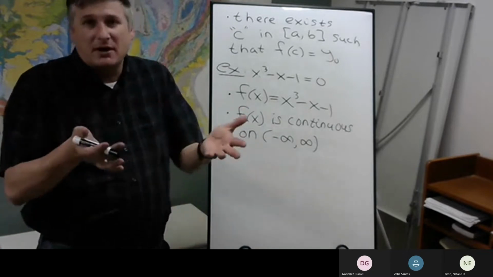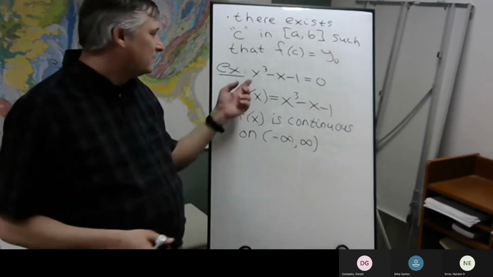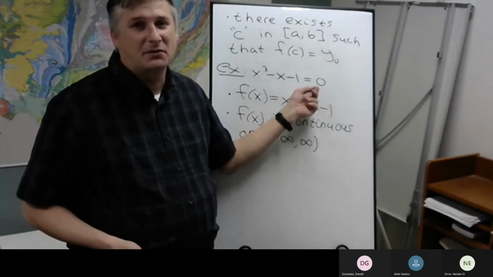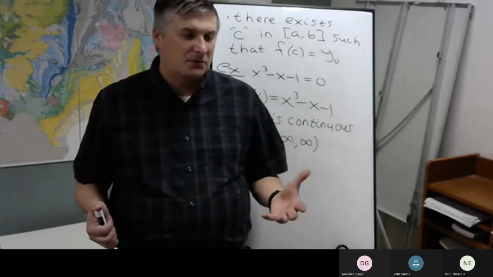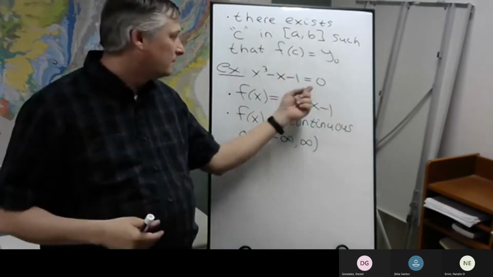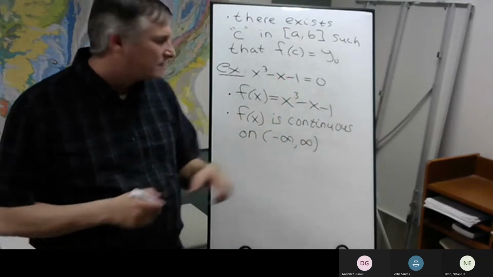What do I mean? We want to find a value for x where f of x crosses the x-axis, where y equals 0. So let's find some values of x where f of x will be bigger than 0, and then a value for x that makes f of x below 0.